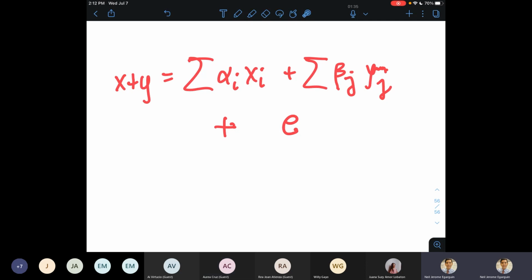At yun yung dahilan kung bakit magiging vector space na siya. Okay, got it. Pwede kong dayain yung expansion at lagyan siya ng delta e. Parang cheating, no?